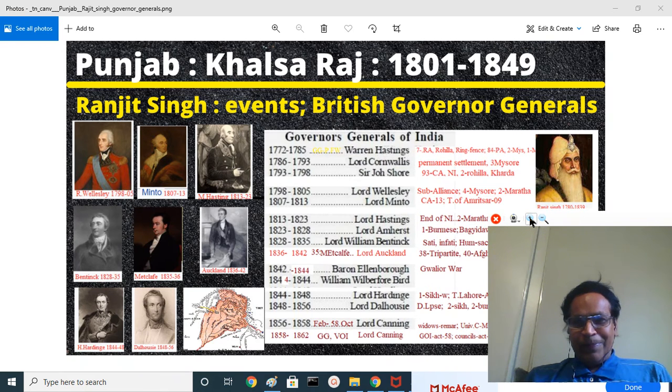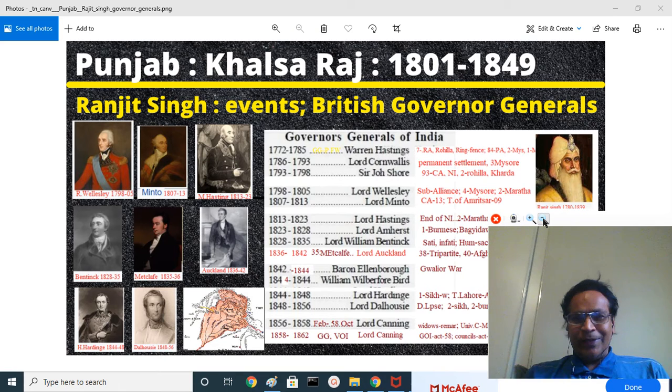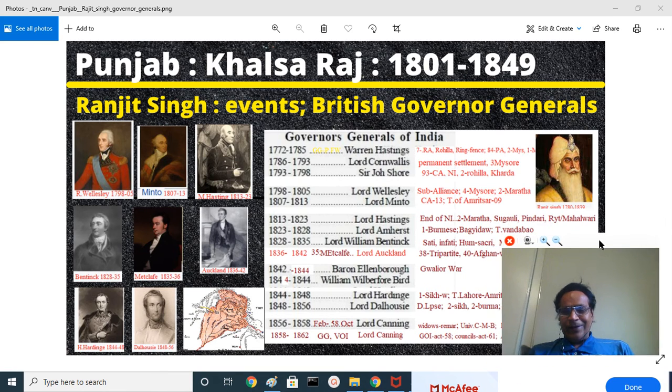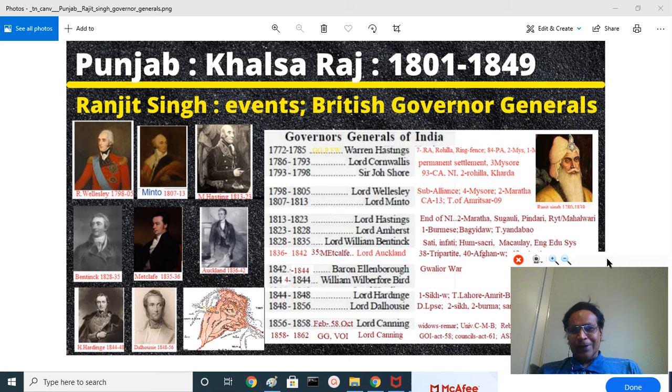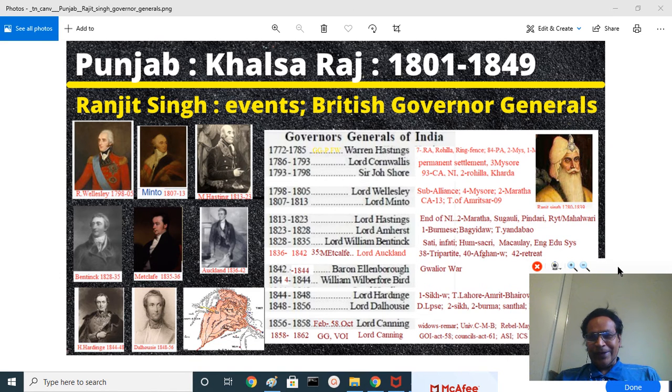In the previous presentations, we saw Ranjit Singh's Punjab and the British Punjab that succeeded it, and the comparison of British Punjab to Ranjit Singh's Punjab, in order to understand the current socio-political events happening on the west side or east side of the Radcliffe Line.